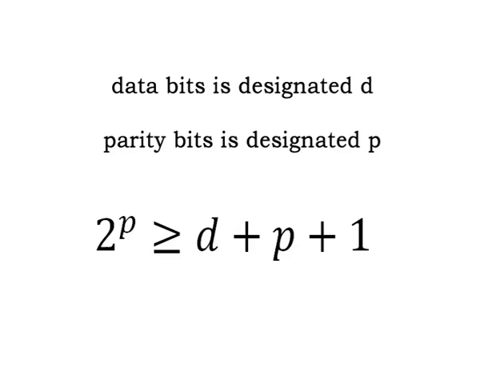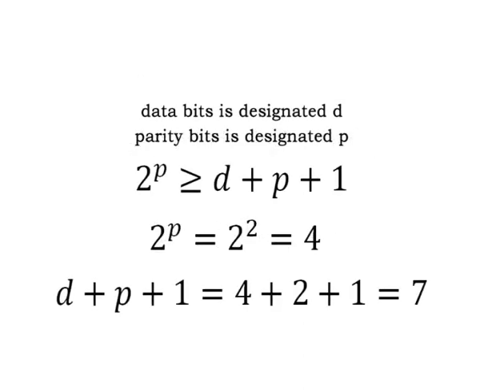For example, if we have 4 data bits, then P is found by trial and error with this equation. Let P be equal to 2, then 2 to the power P is equal to 2 squared, which is 4, and D plus P plus 1 comes out to be 7. Since 2 to the power P must be equal to or greater than D plus P plus 1, the relationship in the equation above is not satisfied.